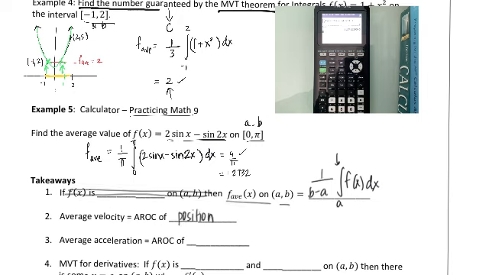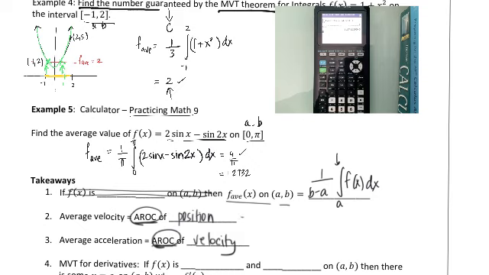So if you're doing an average rate of change, then that's the secant line slope. So the average velocity is the secant line slope on the position graph. The average acceleration would be the secant line slope on the velocity graph, okay? So those are average rates of change, and we wanted to make sure that we don't confuse those with average value, right? So remember that.